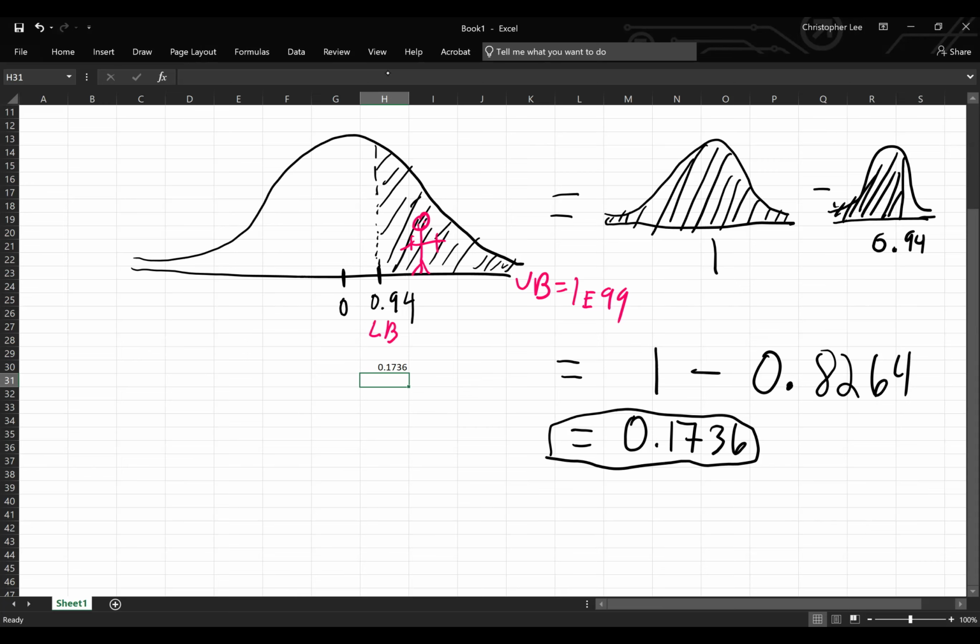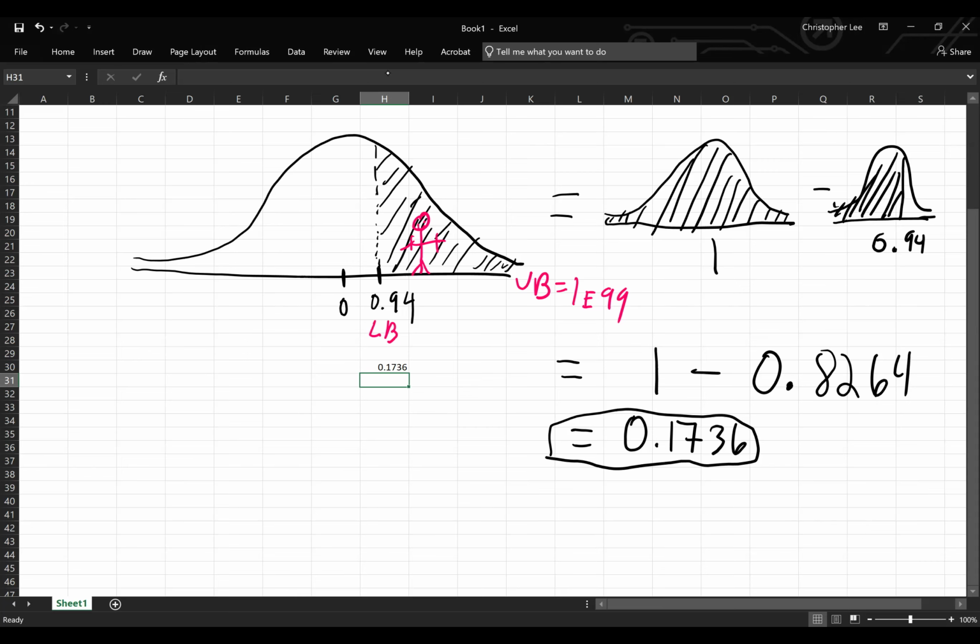Then 99. And then pound. Then your mean is 0, your standard deviation is 1. You got the answer? Yeah, I got 0.173.